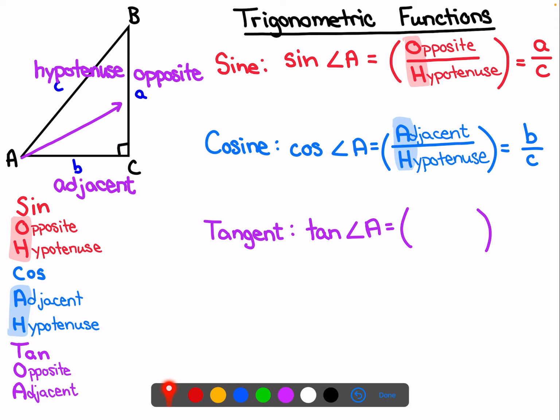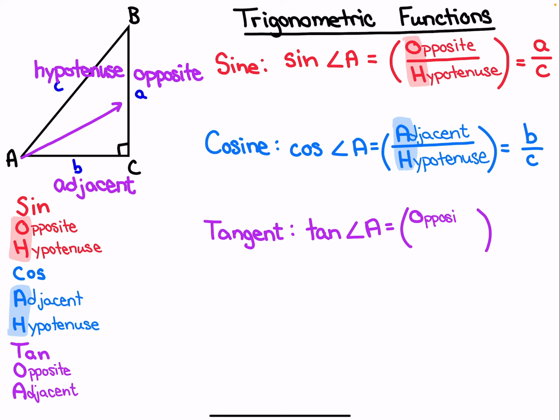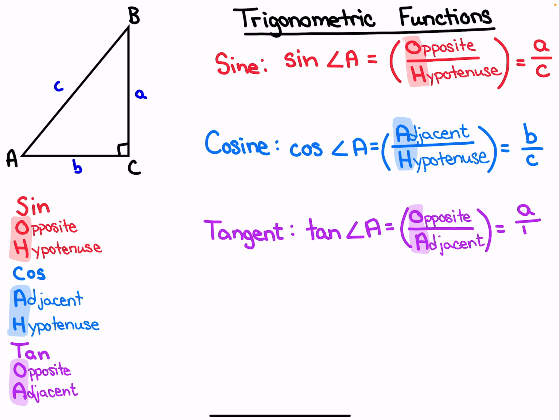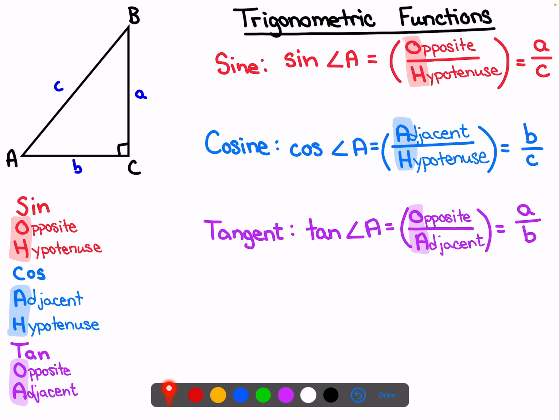Our opposite side will always be opposite whatever angle we're given. And then in this case, whatever's left is our adjacent. So again, we have opposite over adjacent. Opposite is A, adjacent is B. So we have A over B.